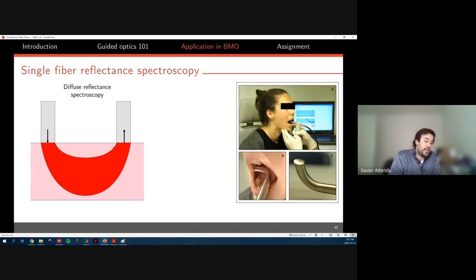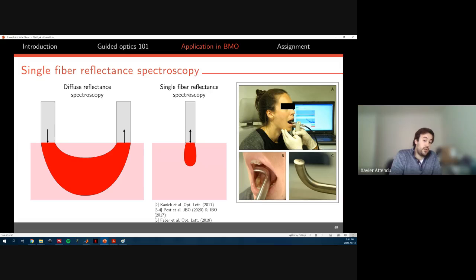And basically what that allows you to do is detect changes in the optical properties of your sample. And by detecting these changes in optical properties, you can infer changes in the physiological state of the sample. And this, again, uses fiber optics.